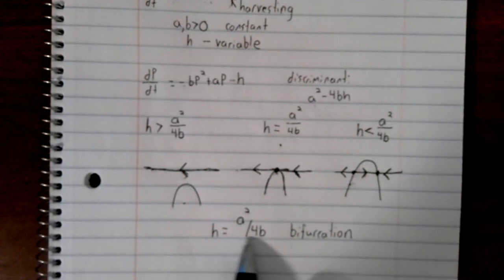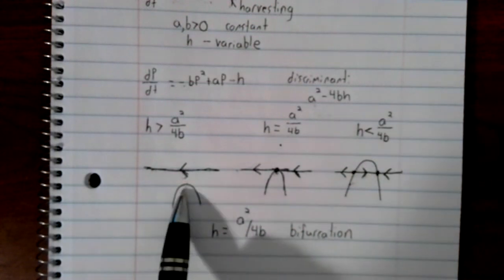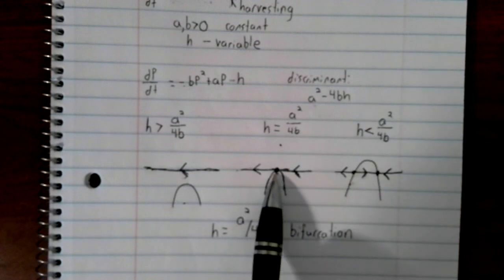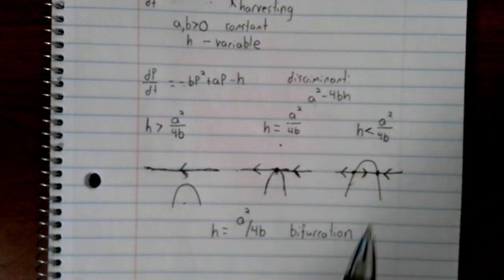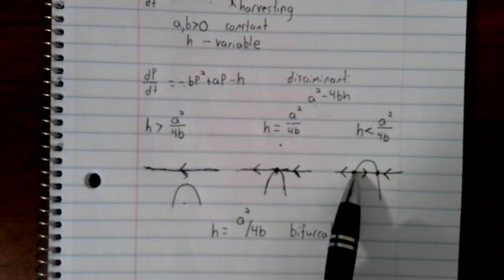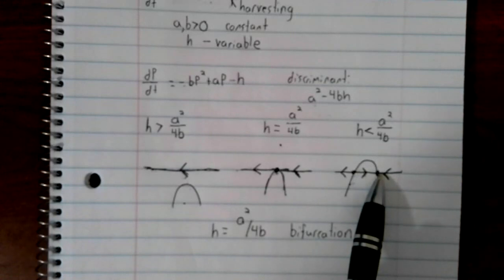We have a bifurcation value. Above that value, no fixed points occur. At it, one unstable fixed point appears. Below it, two fixed points, one unstable, the other asymptotically stable.